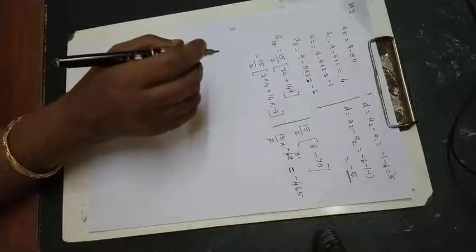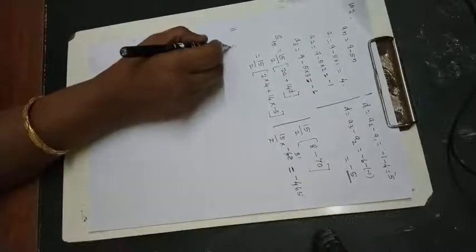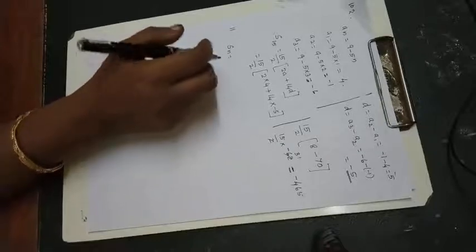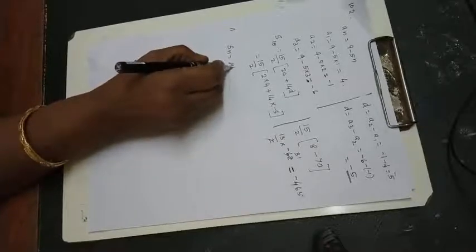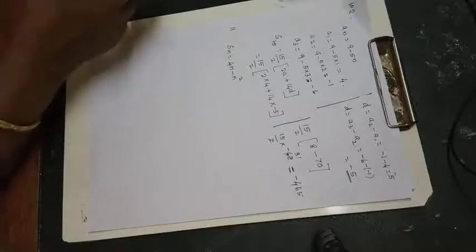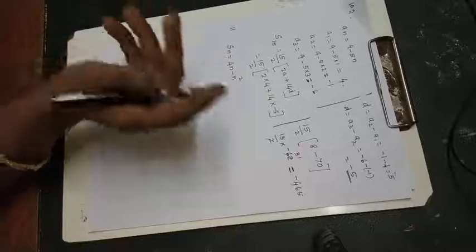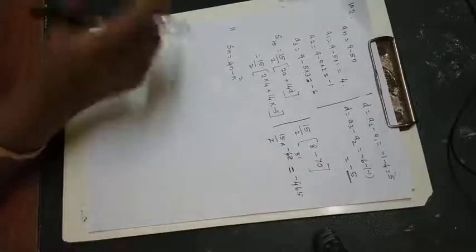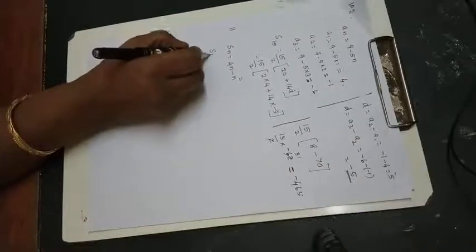That is the sum of first n terms, Sn, that is equal to 4n minus n square. Now when you are putting n equal to 1, the sum of first term is same as the first term, because no other term is there, no? So S1 means it is A1.